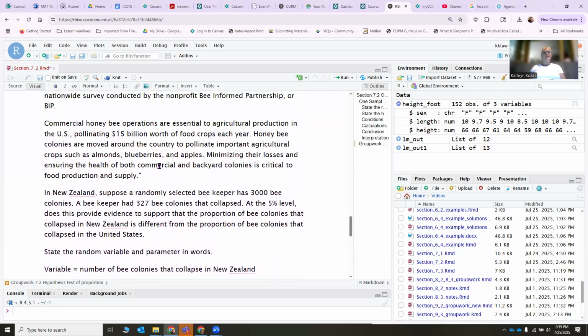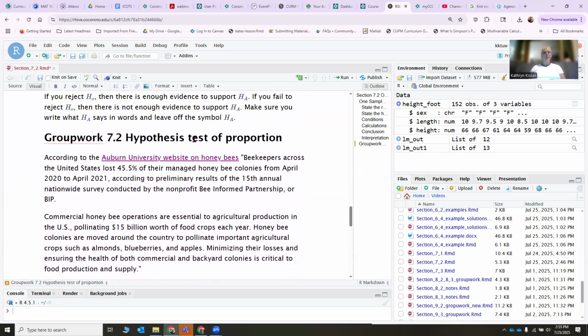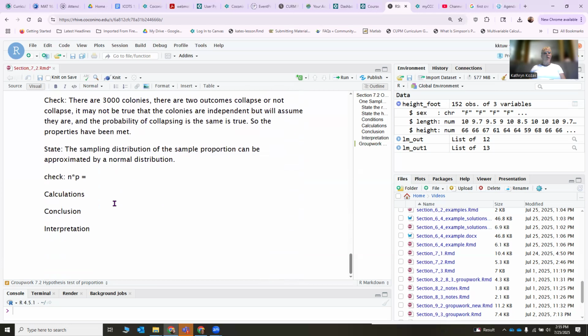We know that in the United States the proportion was 45.5%. So we're going to multiply that n of 3,000 times 0.455. And we're also going to do n times q, which is going to be 3,000 times 1 minus 0.455. And all we have to do is just make sure that they're both bigger than 5.